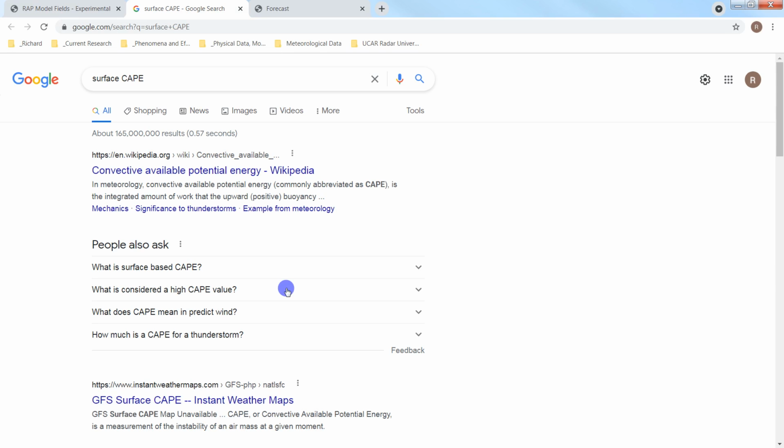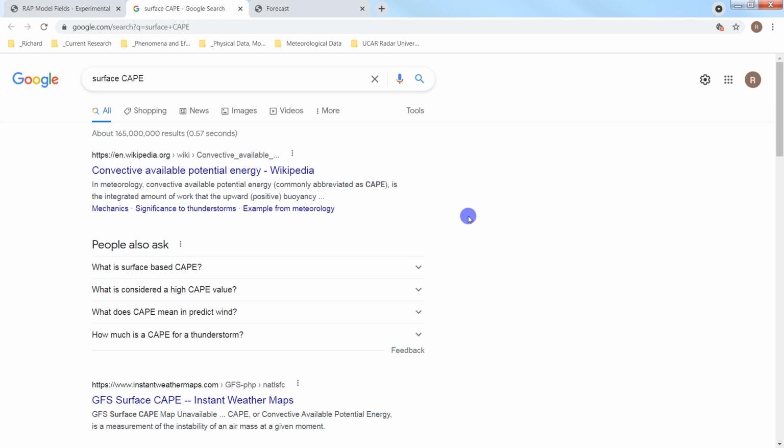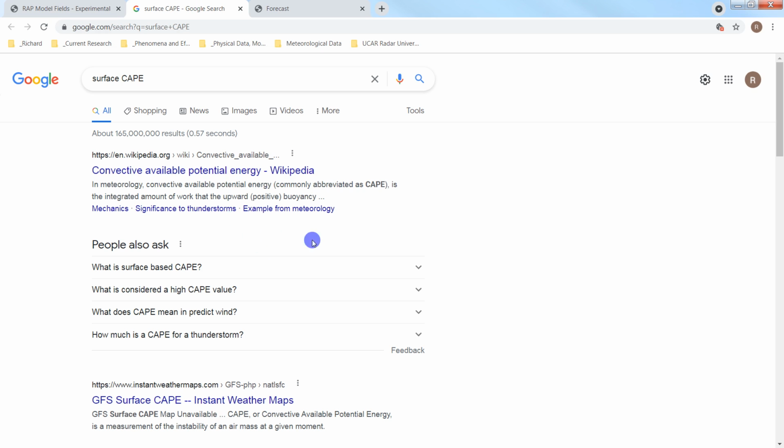Okay, convective available potential energy. Very useful, very handy. I understand it completely. I just didn't know what the acronym or abbreviation meant. Okay, but you could hover it and actually have a list.